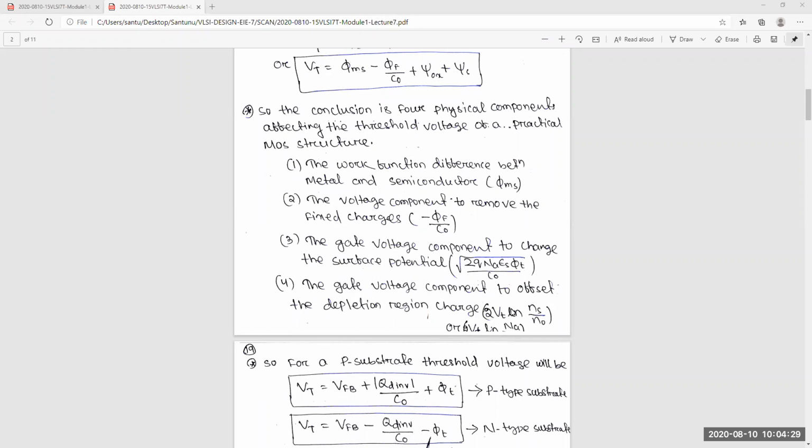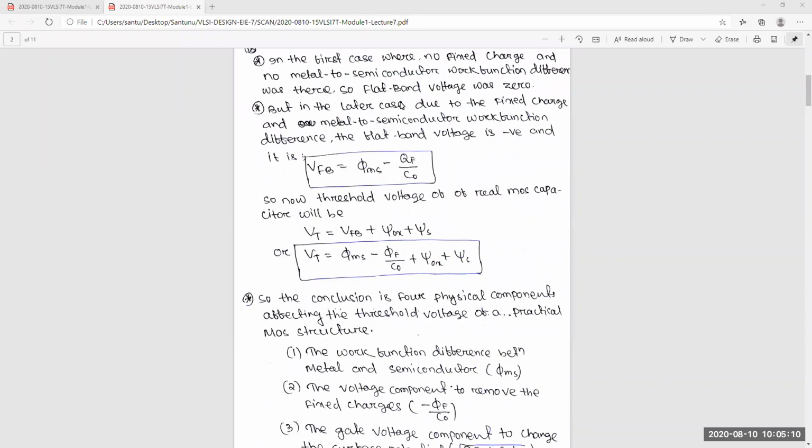This is psi s or phi t, you can say 2 Vt ln ns by n0 or na by ni. Actually it's not visible here, so it's na by ni. Generally this part you can say 2 phi f. So in your calculation, sometimes you use 2 phi f, which is Vt ln na by ni. Finally you calculate these 4 things and put them together, and you can get the threshold voltage. Any doubt till now?